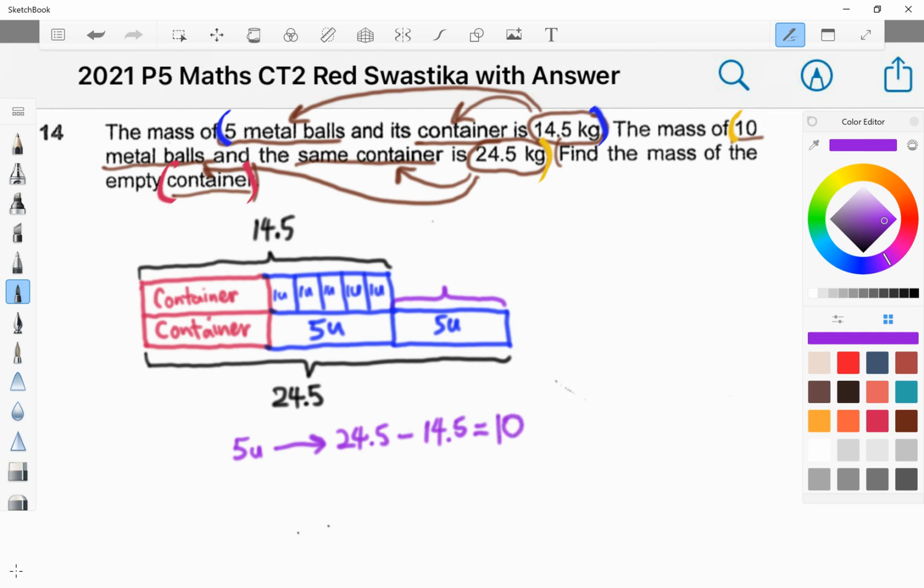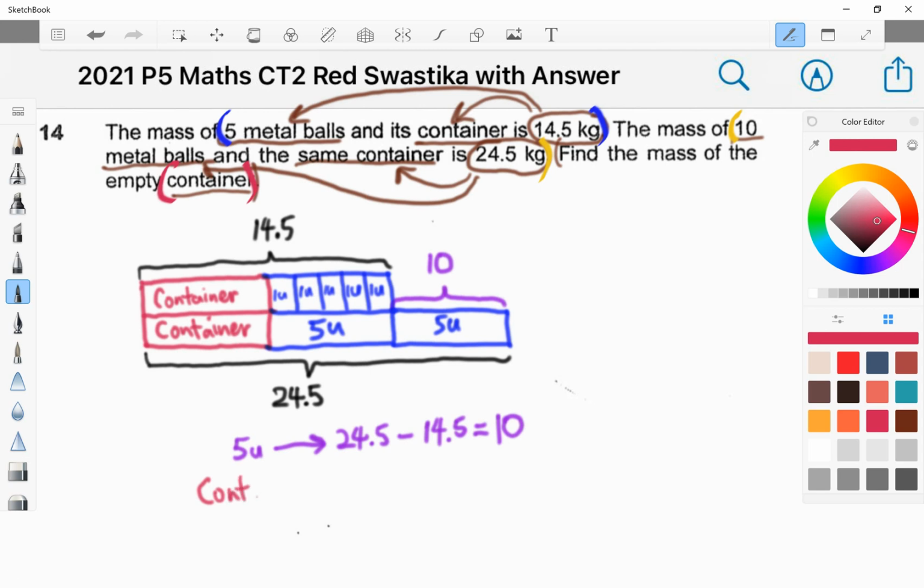At this juncture, you'll be wondering, is there a need for me to find the mass of one metal ball? And the answer is actually no. They are not asking for it. They only want the mass of the empty container. So I'm actually just one more step away from getting the correct solution.